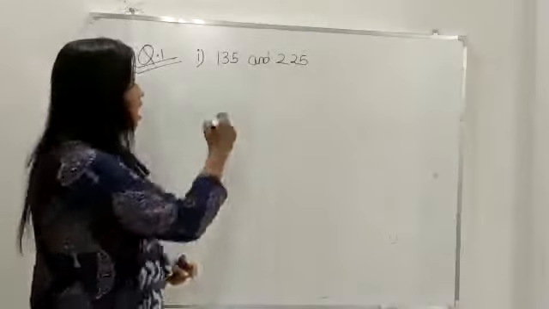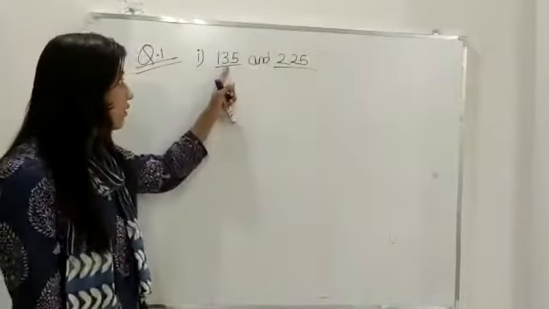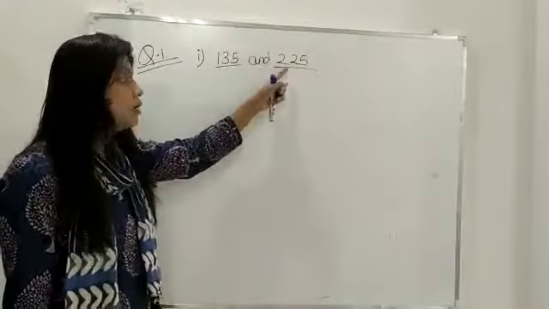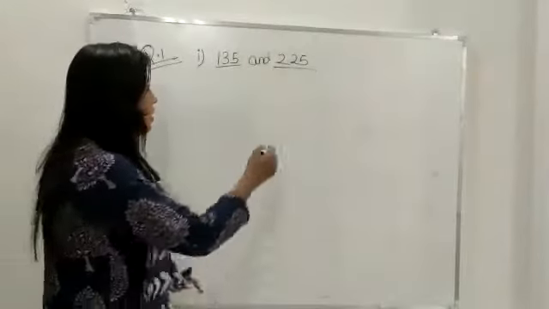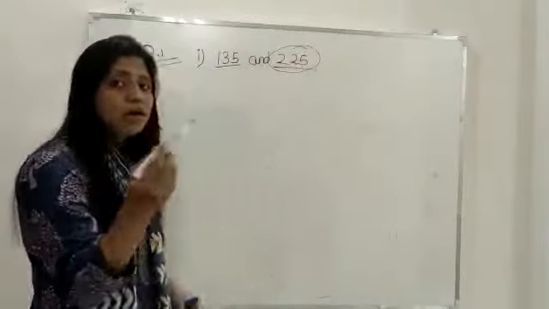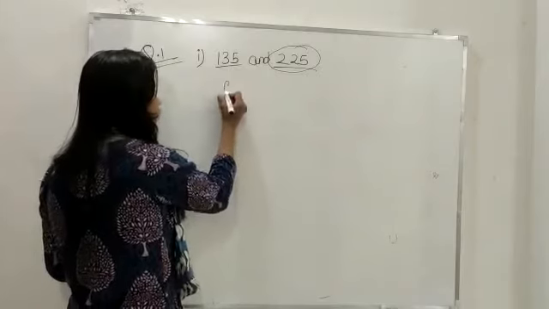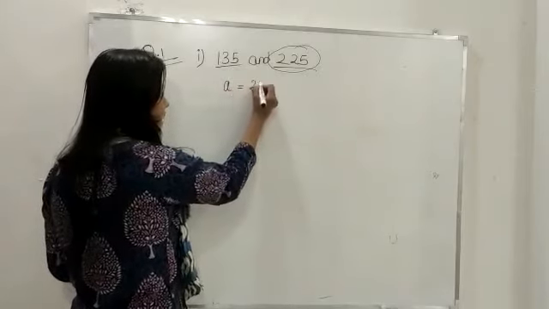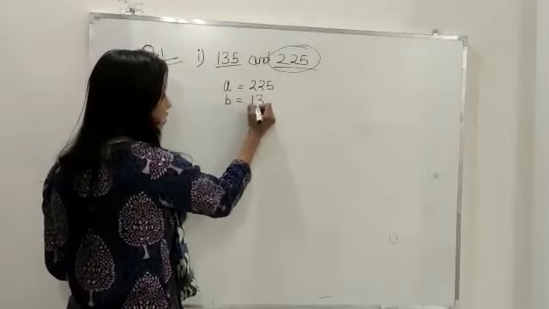Let's see how to find HCF of 135 and 225. First of all you have to see which is the smaller number and which is the greater number. Here 225 is greater than 135, so your A will be 225 and your B will be 135.